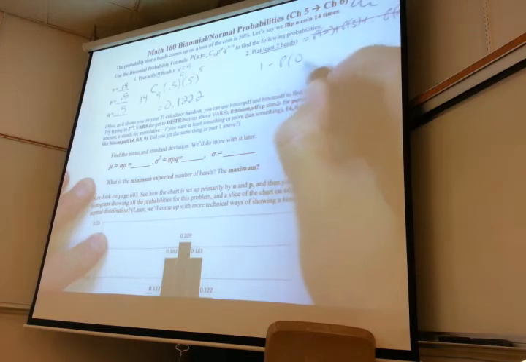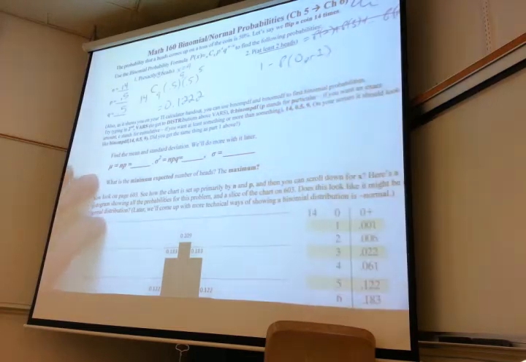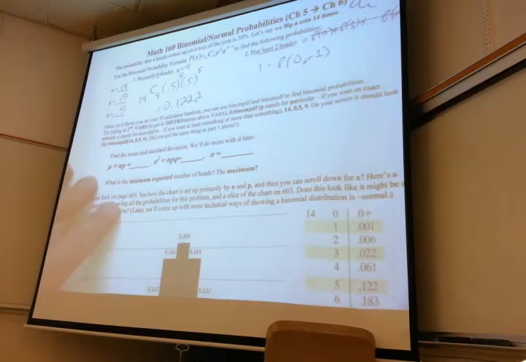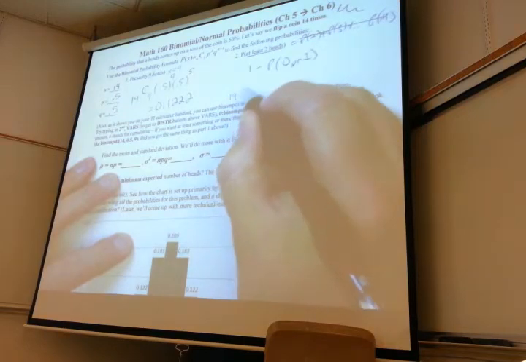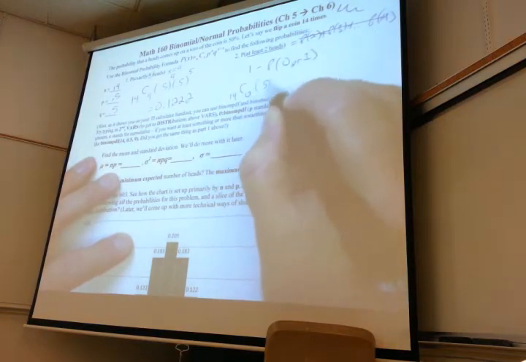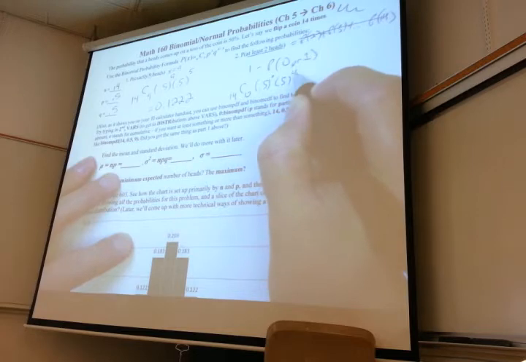0 and 1. So now I just have to get the probability of 0, get the probability of 1, add them, subtract from 1. Is that horrible? No. So then we can set this up, 14 choose 0, 0.5 to the 0, 0.5 to the 14.